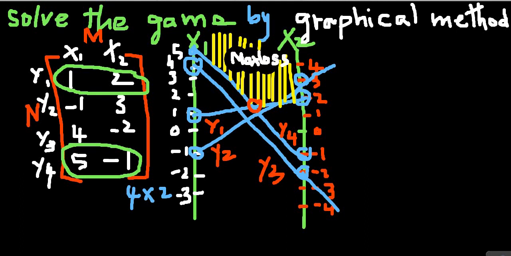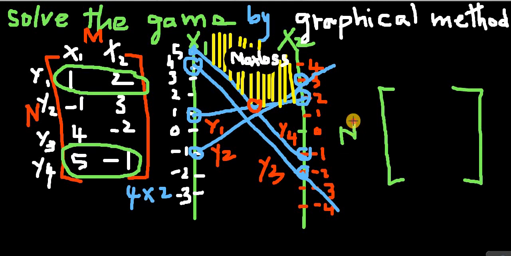Therefore, what I can say is that this particular player N need not play y2, y3. He needs to play only two strategies, y1 and y4. This is 1, this is 2, and this is 5, this is minus 1.